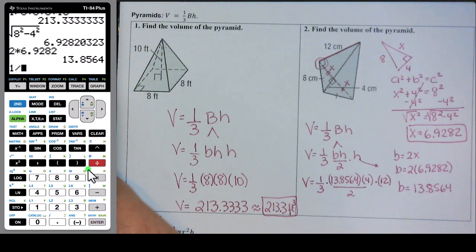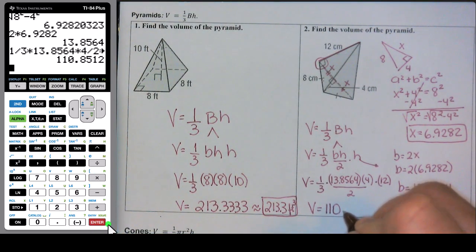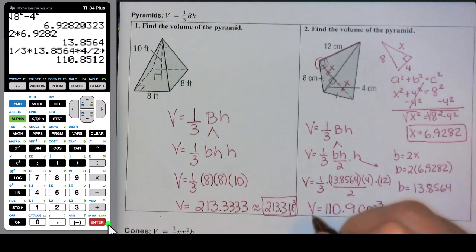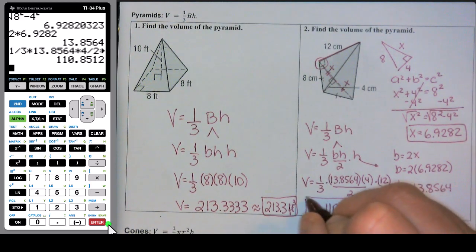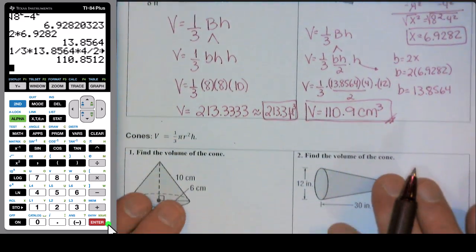So 1/3 times 13.8564 times 4 divided by 2 times 12 gives us a total of 110.852, which will round to 110.9, and this would be centimeters cubed. So there we go, the volume for this pyramid. All right, let's go on to the next two examples.